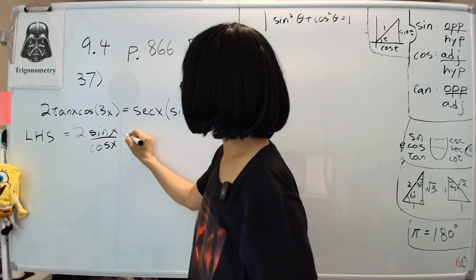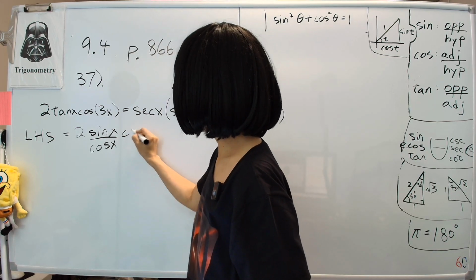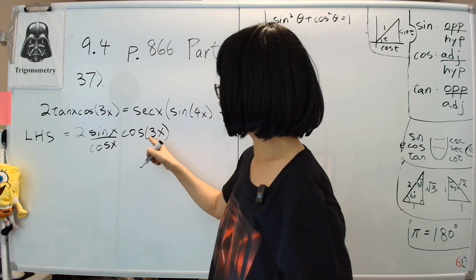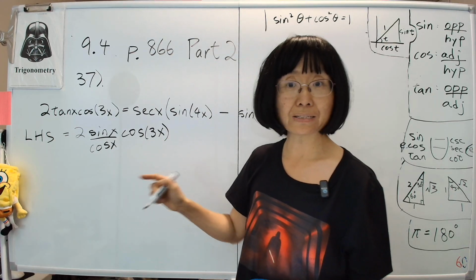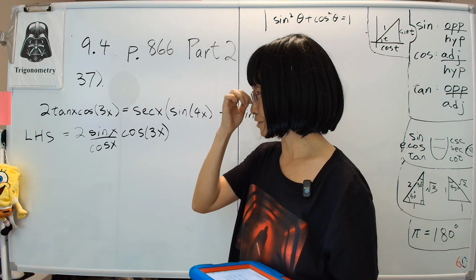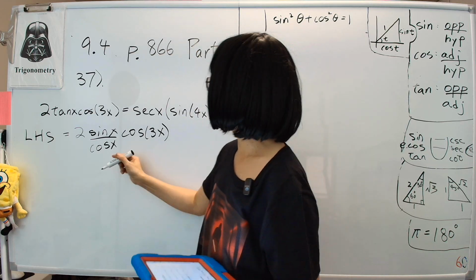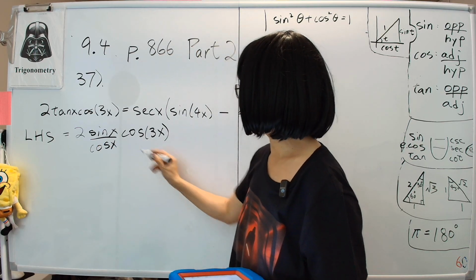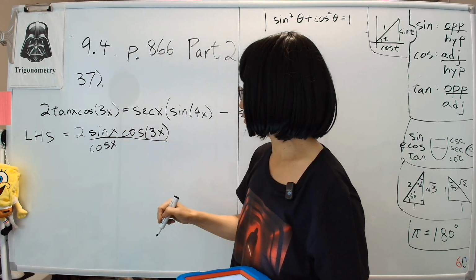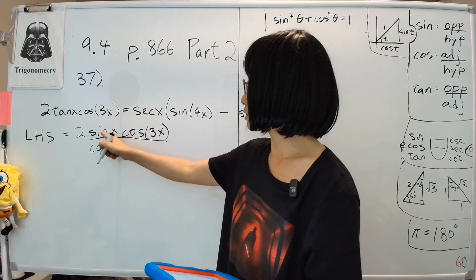And then times cosine of 3x. Now remember, this cannot cancel out. Cosine 3x is completely different from cosine x, and you can't factor out the 3 either. So don't try it. Anyway, at this point, however, we can apply the product-to-sum formula to just this part.